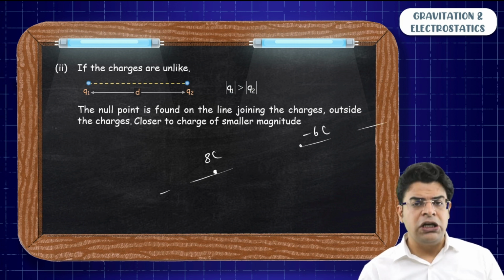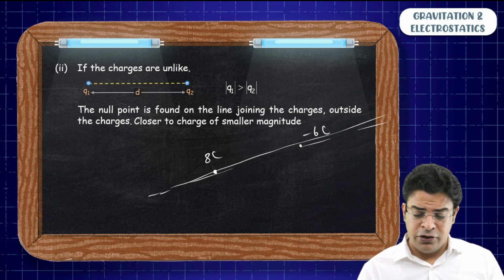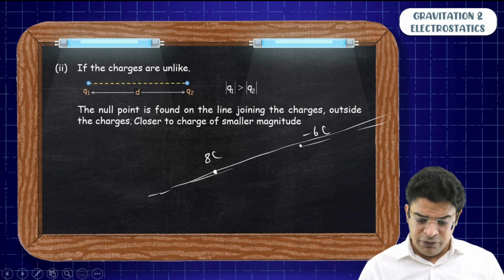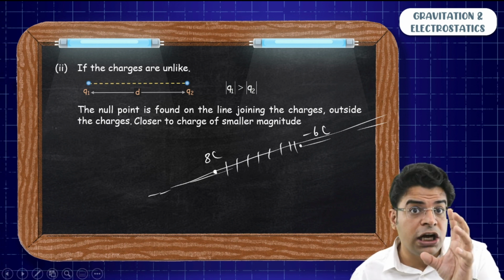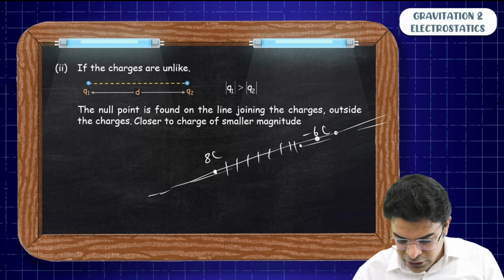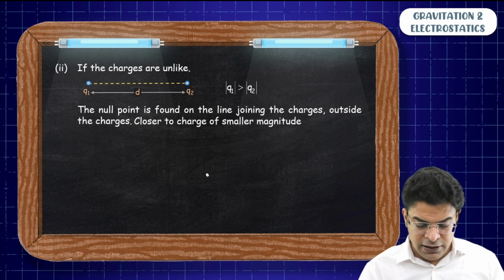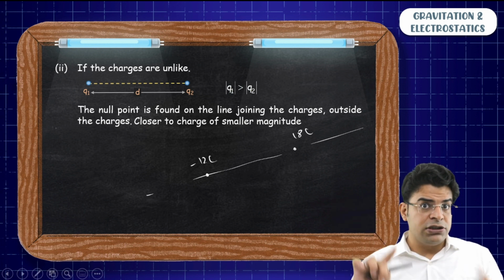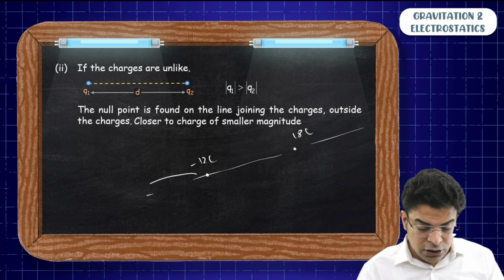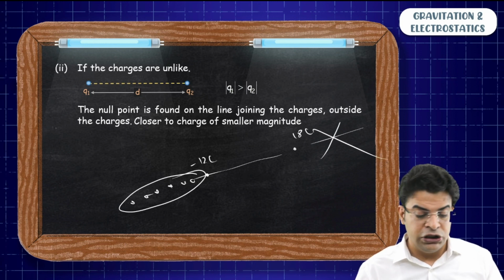On the line joining the charges, not between the charges but outside, closer to the charge of smaller magnitude. So somewhere here you will find the null point. If I give you minus 12 coulomb and 18 coulomb, where do you find the null point? On the line joining the charges, outside the charges, closer to the charge of smaller magnitude. Somewhere here, not in this region.